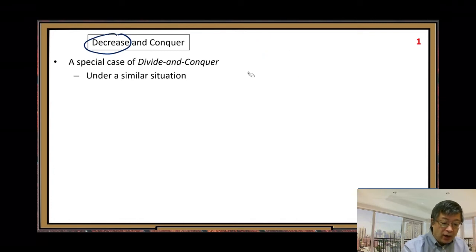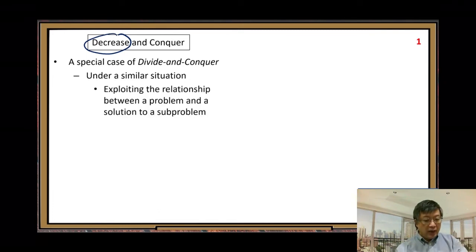All right. Here, let's look at it. Under a similar situation, when we solve a general problem, we take this approach: exploiting the relationship between a solution to a problem to be solved and a solution to a subproblem.